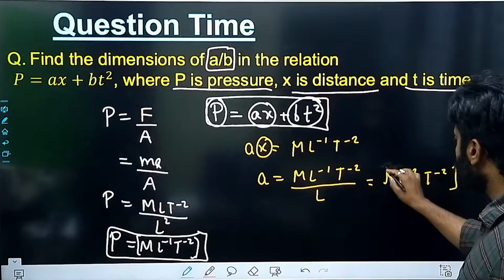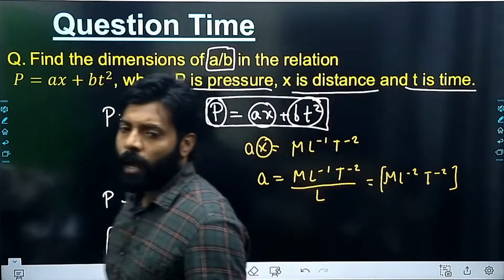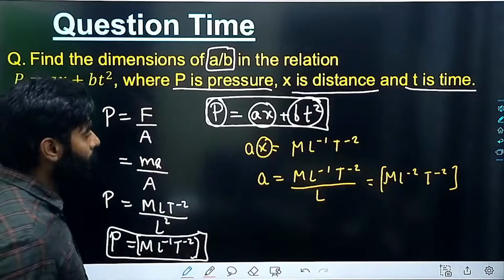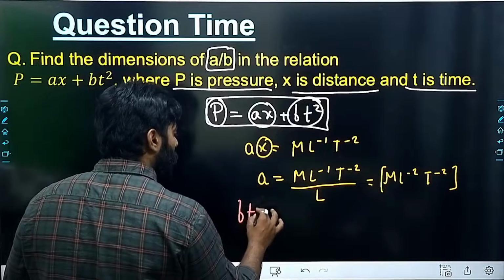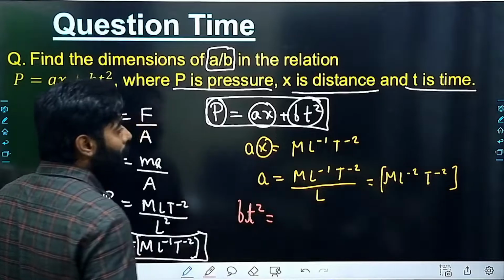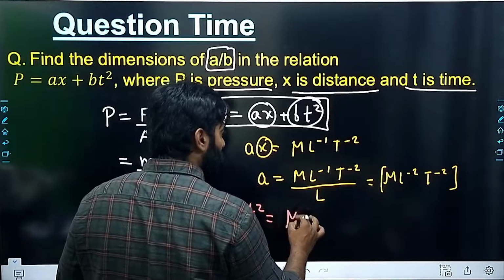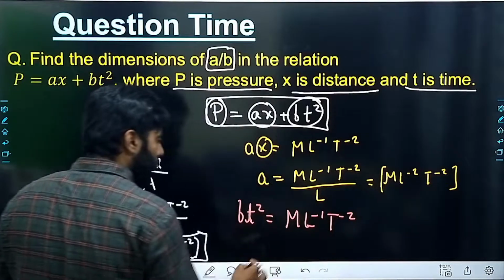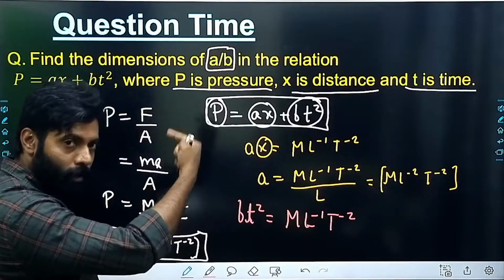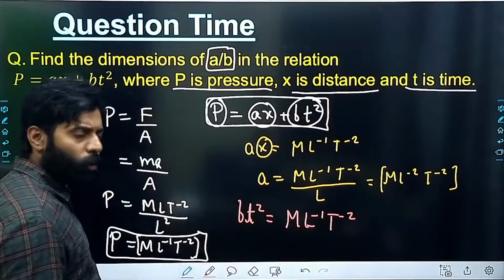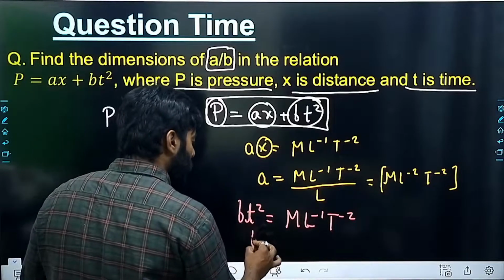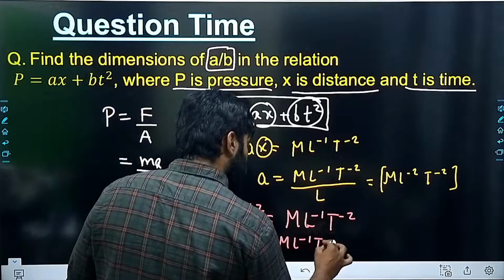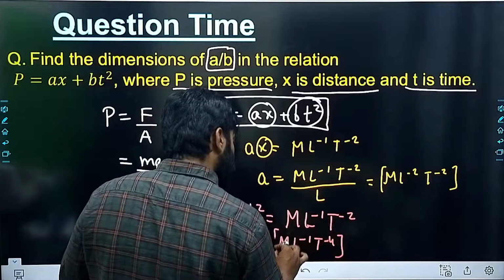This is the dimension of A. How can I find the dimensions of B? I know that BT square is equal to the dimensions of ML minus 1 T minus 2. If I substitute this T square in the denominator, I get B is equal to ML minus 1 T minus 4. This is the dimension of B.